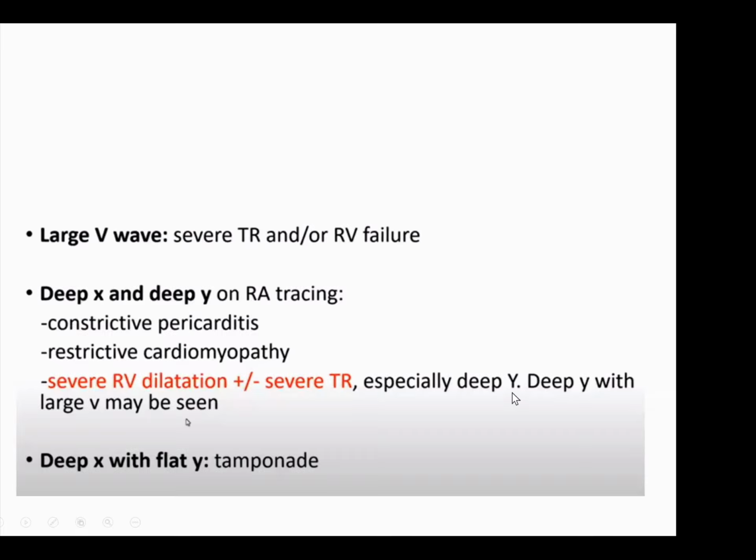Especially deep Y descents may be seen in severe RV dilatation or severe TR. But you have to remember, if you don't see a prominent Y descent, a flat Y you can see, the diagnosis is tamponade. So you can see all these three traces in your exam: tamponade, constrictive pericarditis, and RV failure, showing the Friedrich sign or prominent Y descent.